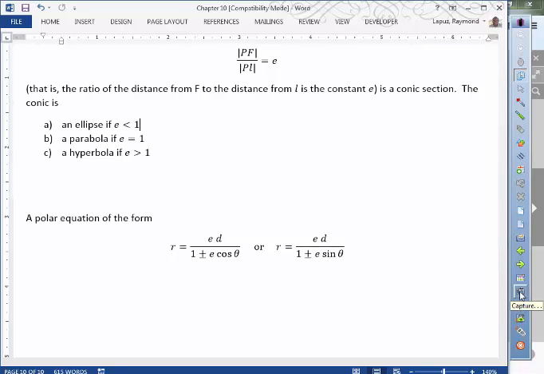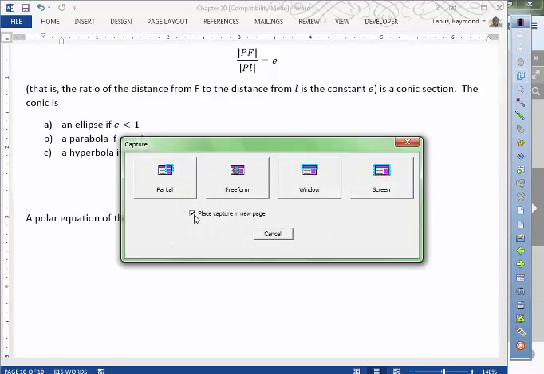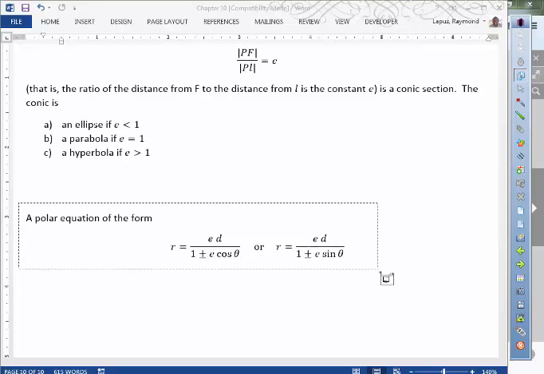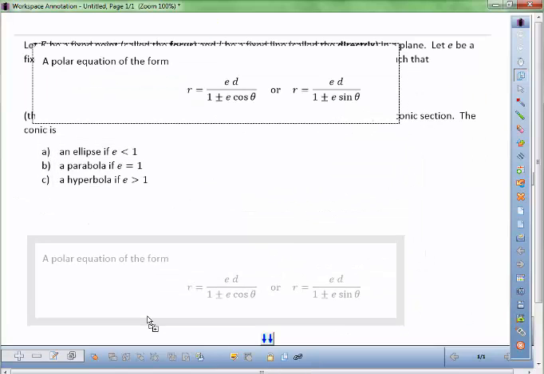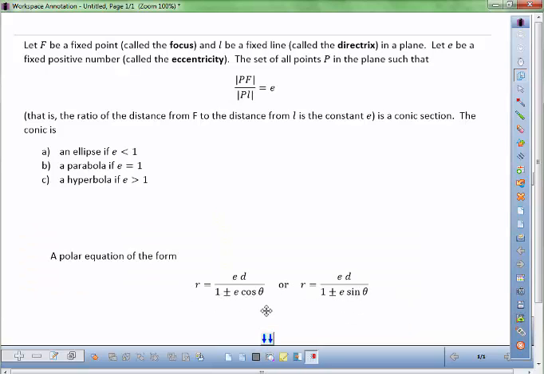I know there's only 2, but the plus and minus will make it 4. Depending on which way your ellipse is going, whether it's going up or going down, we have this sort of scenario.